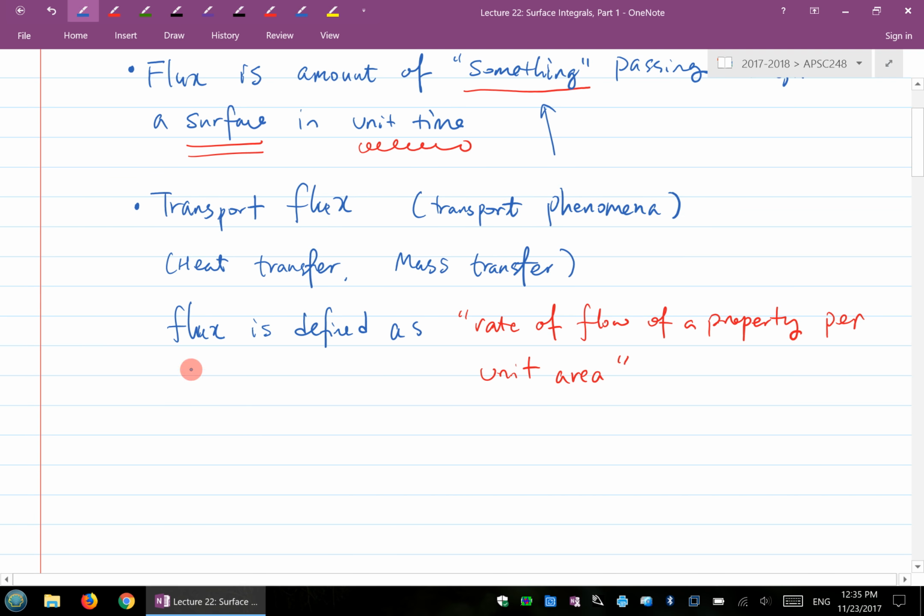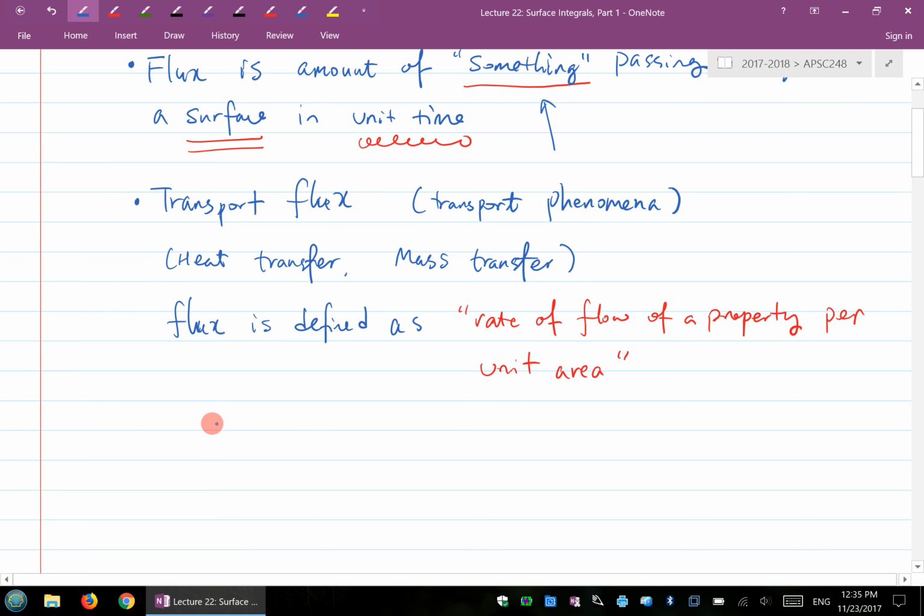Now, if you want to write down the dimension, it depends on what quantity or property it is. So there's a certain amount of quantity, and then the time inverse. This is the rate of flow of this property. And then the area inverse, so that's per unit area. That would be the dimension for this transport flux.